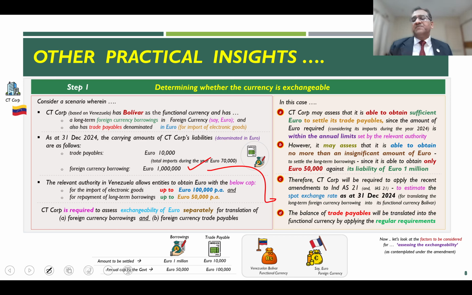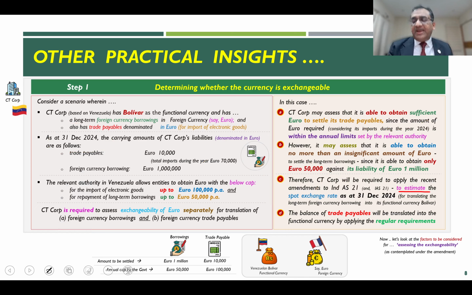So Citicorp will be required to apply the recent amendments to these two standards, Ind AS 21 and, from an IFRS perspective, IAS 21, to estimate the spot exchange rate on this date. Estimating the spot rate is, if you remember, step 2, which we will deep dive into in subsequent videos, which I already introduced in the last week, and even in today's first slide we recapped that.